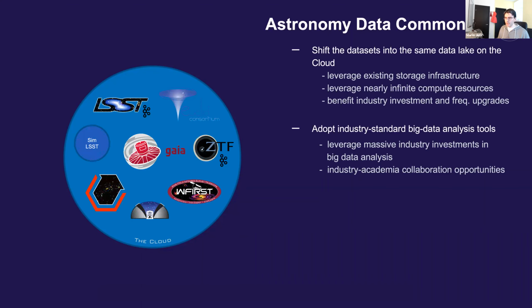So the idea here is to achieve effective data set co-location by shifting them into the same or a set of data lakes in the cloud. And this is something that will be possible almost immediately, and it doesn't require the construction of any additional hardware infrastructure. Rather, this leverages existing storage infrastructure that Amazon and Microsoft and Google and others give you.